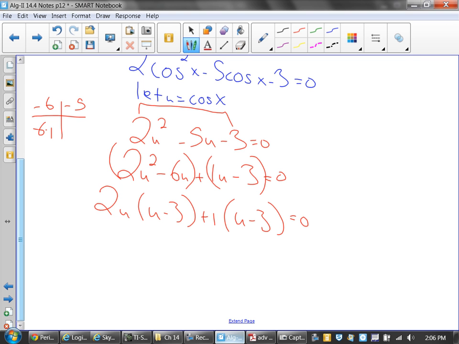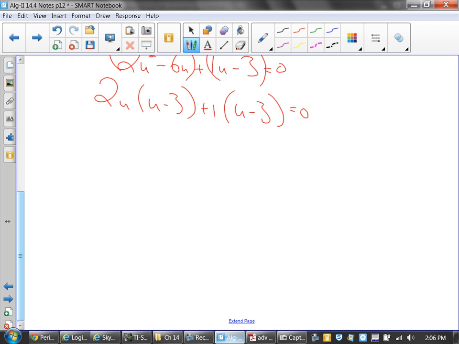Now, in order to save paper at this point, I'm going to rewrite u as the cosine of x again. 2 cosine of x plus 1 equals 0, and cosine of x minus 3 equals 0.